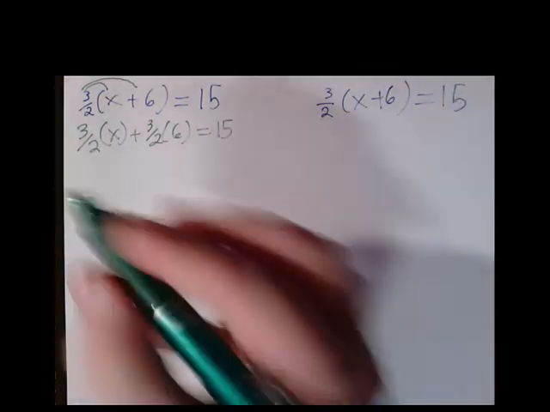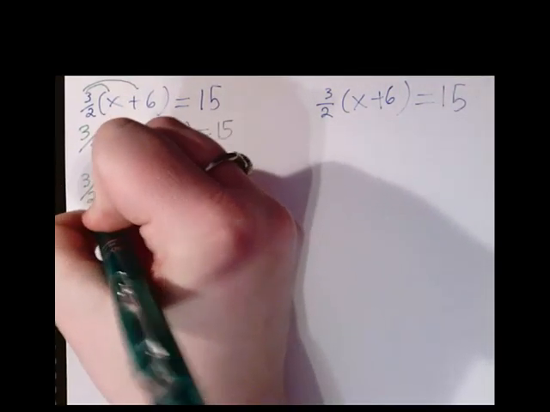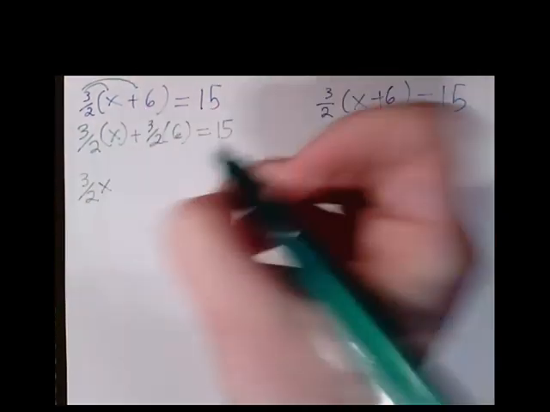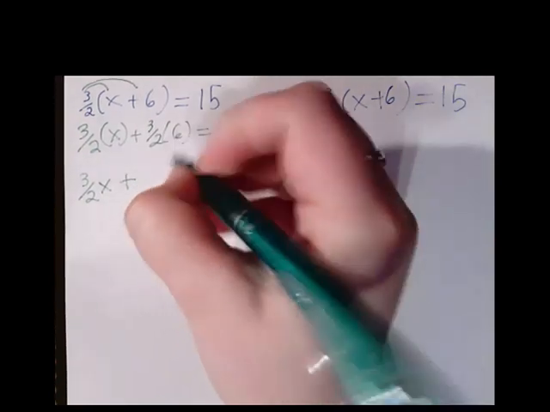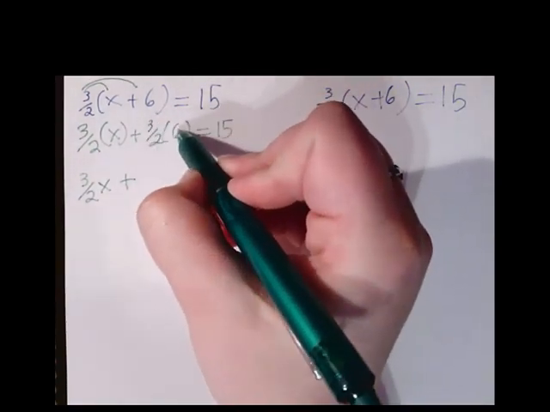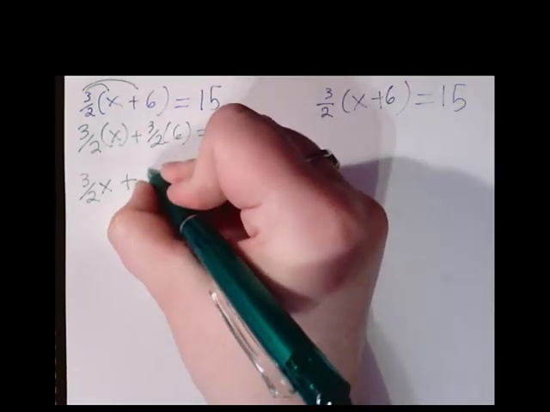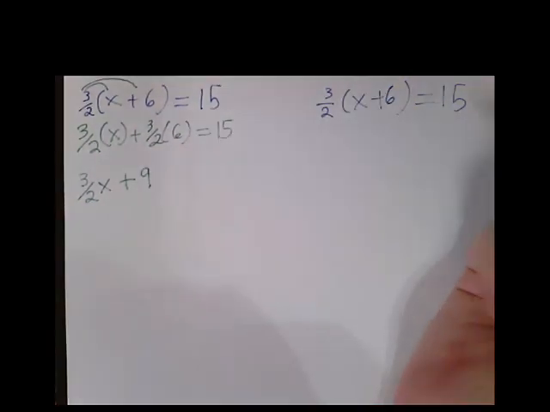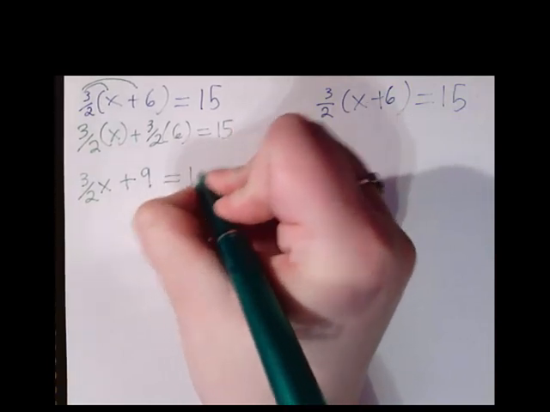So 3/2 times x is 3/2 x plus 3/2 times 6. 3 times 6 is 18. 18 divided by 2 is 9. And we're still equal to that 15.